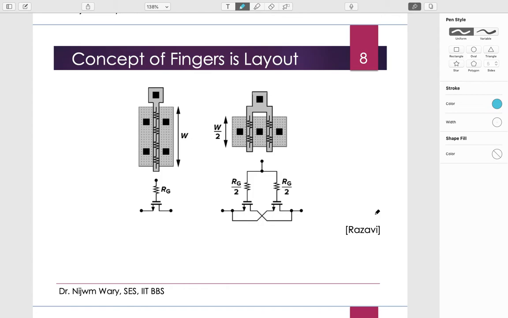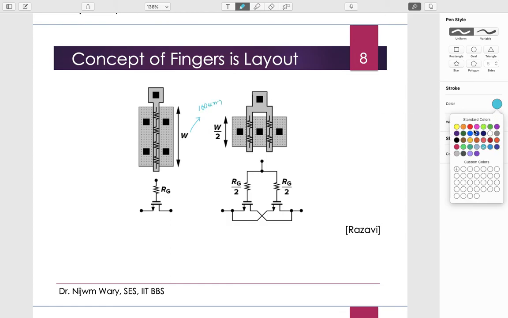What happens? Suppose I am doing the layout of this MOSFET. If this MOSFET is very big, although it's shown very small here, there can be a situation where this W can be very high, maybe in the range of 100 micrometer or even higher.